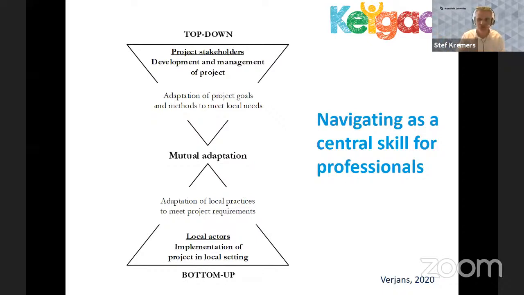You might call that mutual adaptation. Taking some point between very top down and very bottom up. And this competency, I think, should be trained better. So that's a responsibility that I take as someone who trains professionals in the future to be able to navigate better.